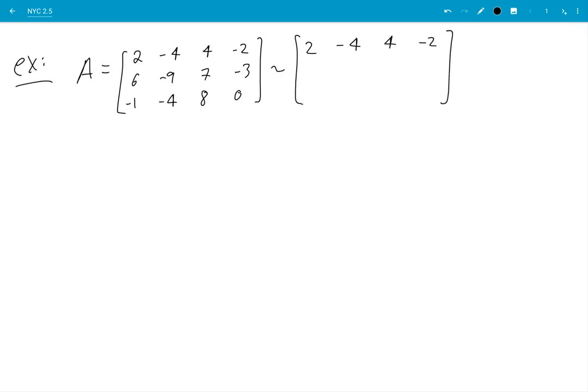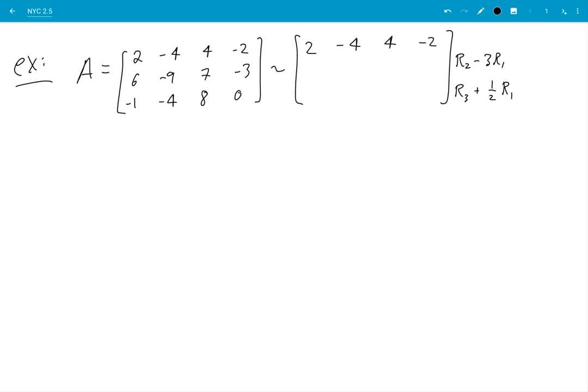And I'm going to do row 2 minus 3 row 1. And I'm going to do row 3 plus, rather, half row 1. I would generally avoid this, but in the LU section, it becomes feasible.